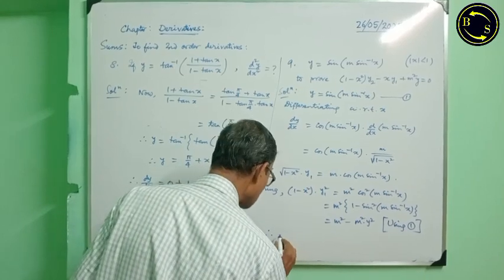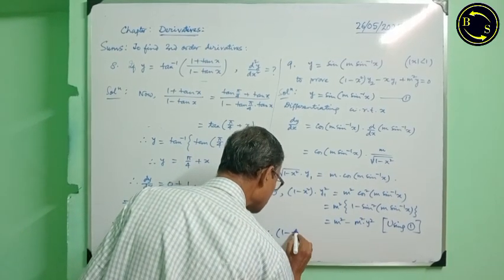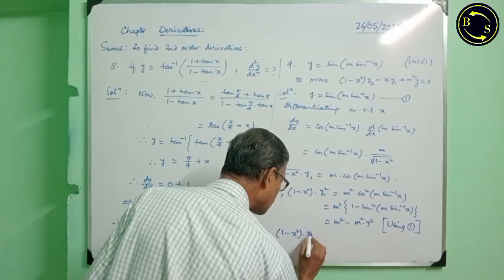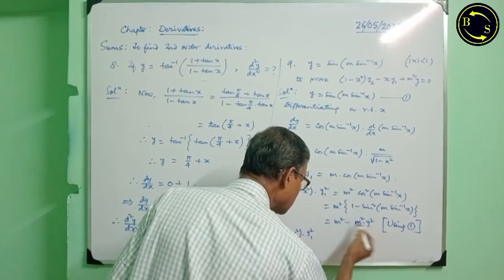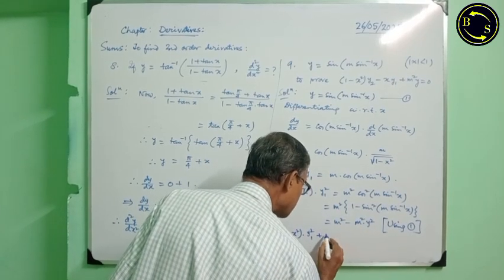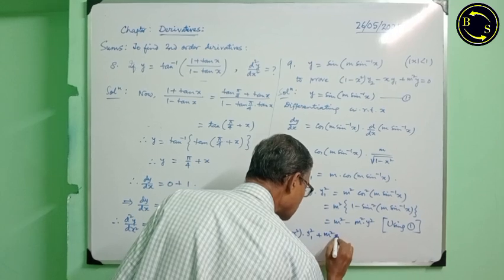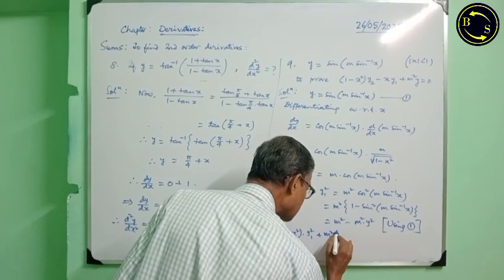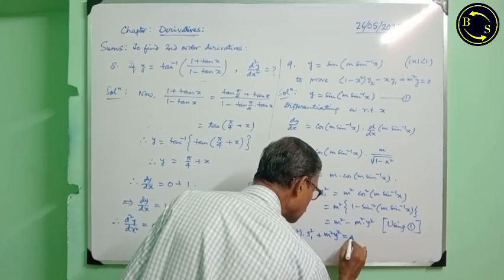What do we get? (1 minus x square) y1 square; I take this to the left, plus m square y square is equal to m square.